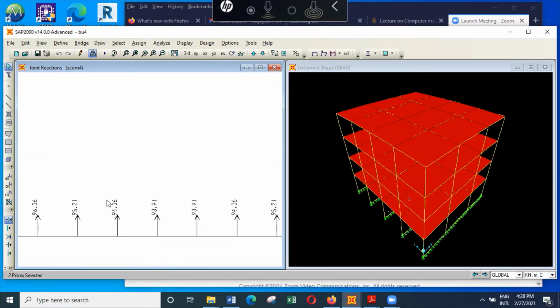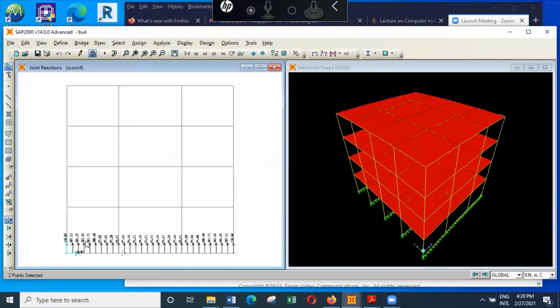So the bearing capacity is not exceeded in these areas, but there's a minor violation at the edges, which may not be a major problem, considering the fact that the soil in this area also can participate in resisting the load transferred at the edges.